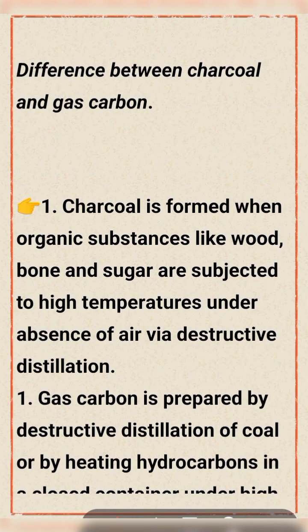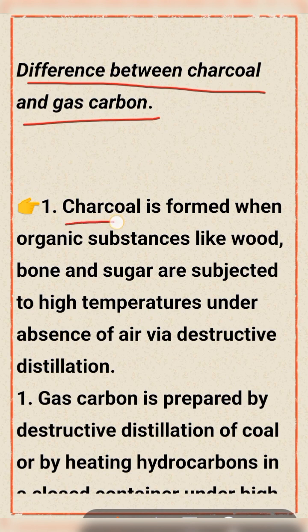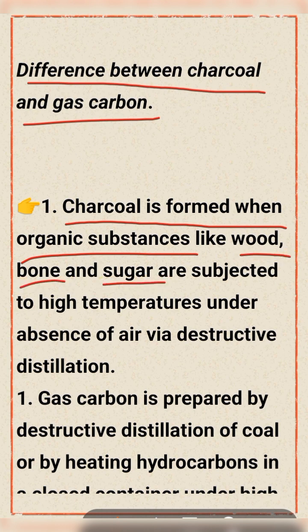My dear viewers, now the difference between charcoal and gas carbon. First point: charcoal is formed when organic substances like wood, bone and sugar are subjected to high temperatures in the absence of air via destructive distillation.